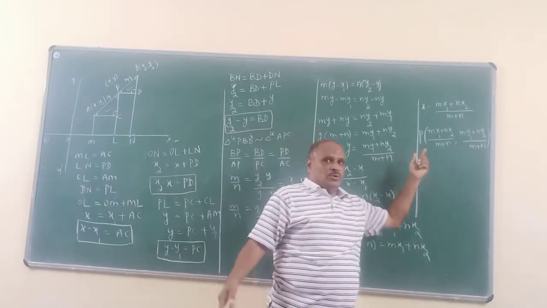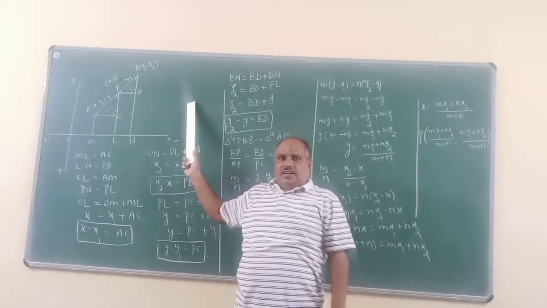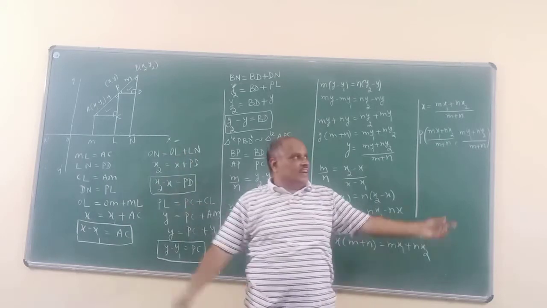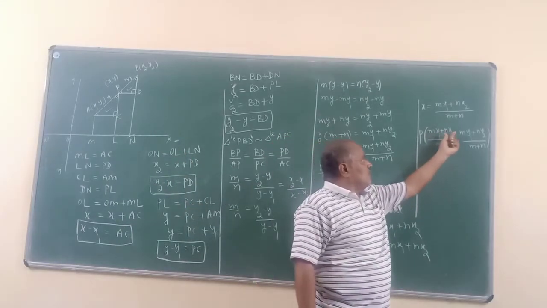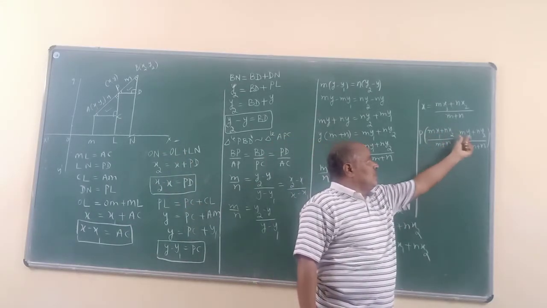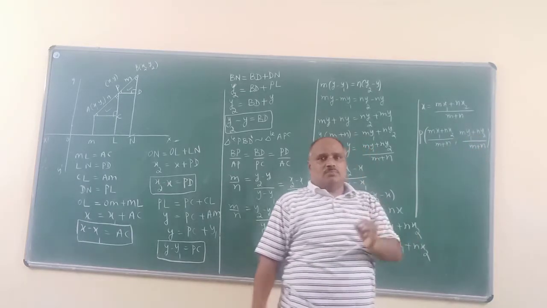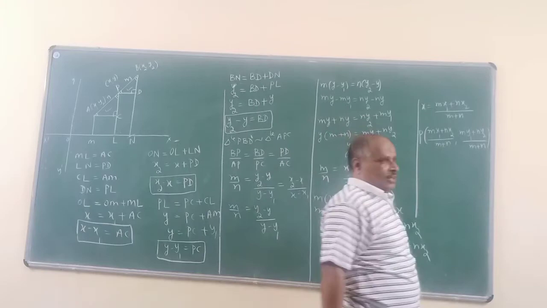In that ratio, P divides AB in the ratio m is to n, whose coordinates are (mx1 plus nx2) divided by (m plus n), (my1 plus ny2) divided by (m plus n). This is the section formula internally.